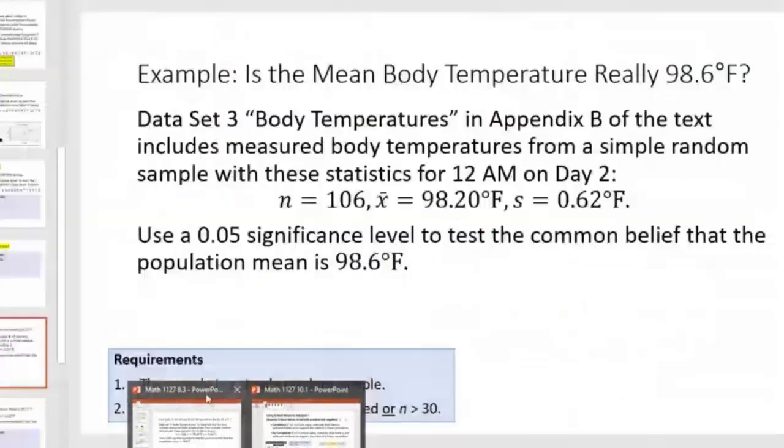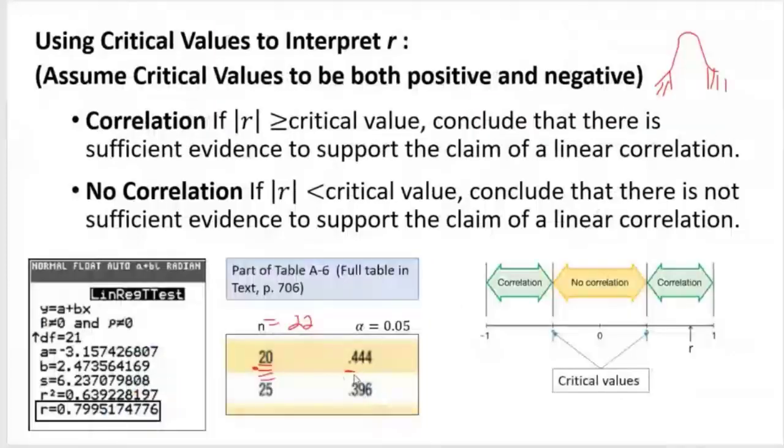Okay, so back to our PowerPoint. You're just going to have to guesstimate and say, well, it's somewhere between 0.4444 and 0.396, but it's just slightly closer to this one. So if I were guessing right now, I might say 0.42, but we're not sure. Now, when we have our critical values, we have a positive one and a negative one. So there's one over here on the left, maybe negative 0.42, and one on the right, positive 0.42.